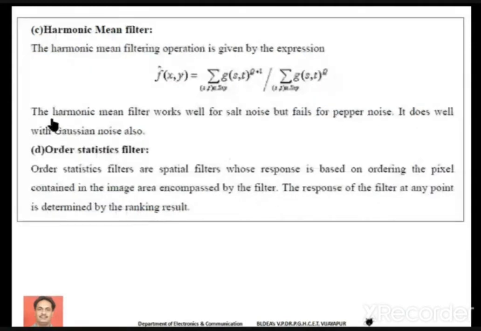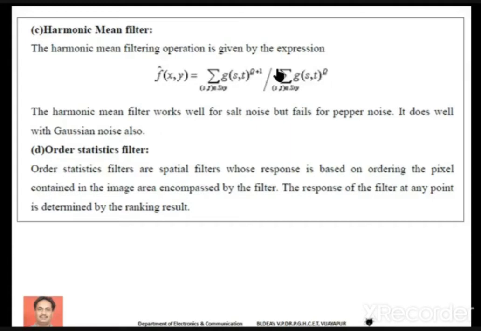We call it the harmonic mean filter. The harmonic mean filtering operation is given by the equation: f cap of xy, that is the restored pixel, is the summation of g of st raised to q plus 1 divided by the summation of g of st raised to q.